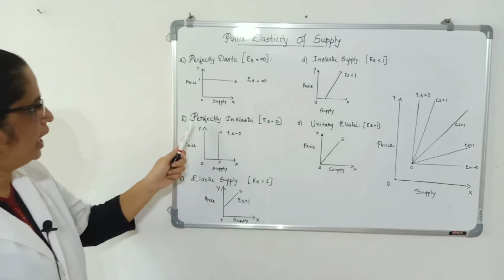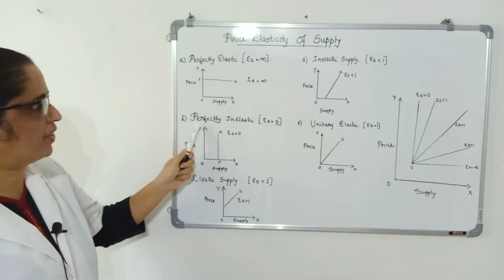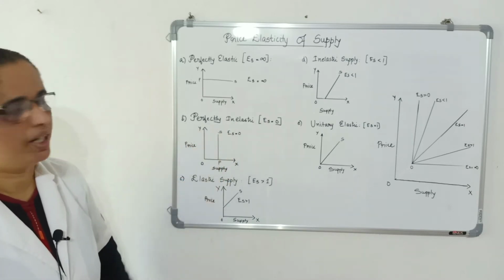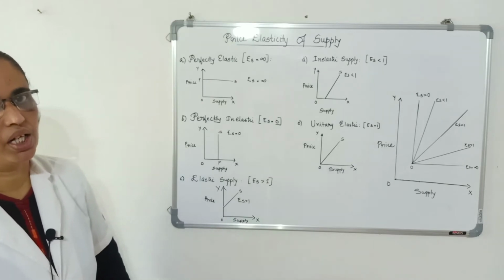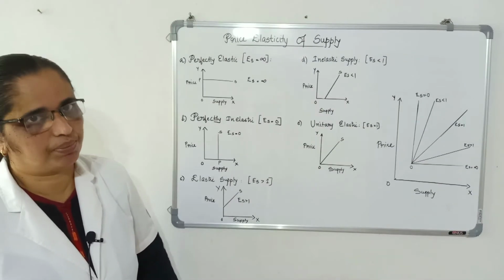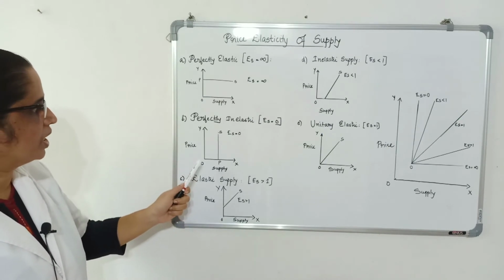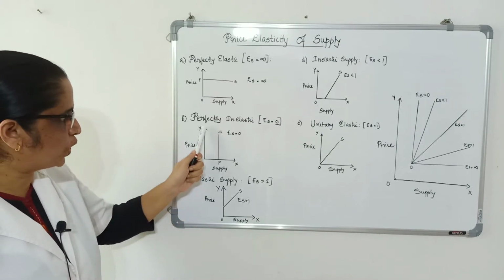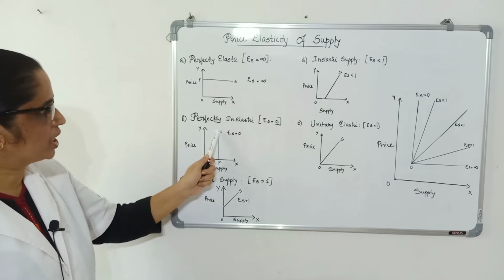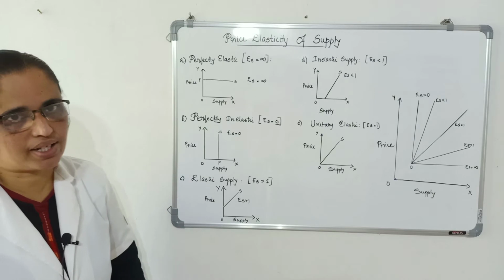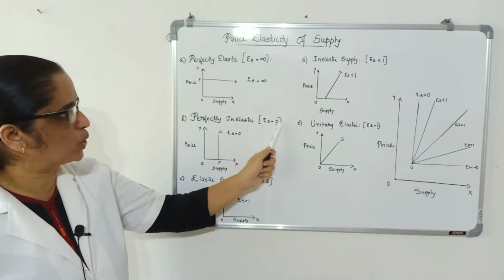Okay. Now, the second case, just the opposite of the first case. Perfectly inelastic supply. That is, elasticity of supply is equal to 0. Supply is non-responsive. How can you say that? Whatever may be the price, whether the price is high or low, supply remains more or less the same. That is, elasticity of supply is equal to 0.